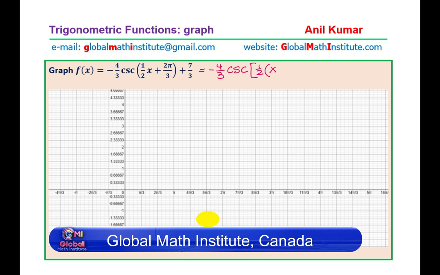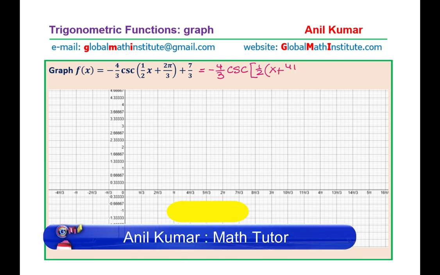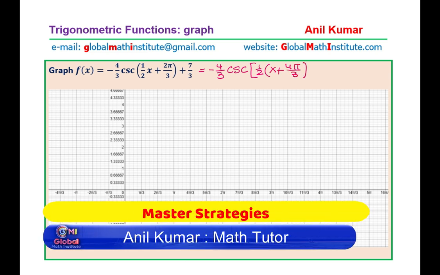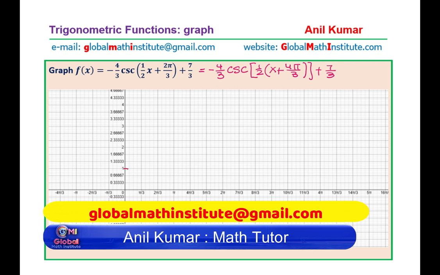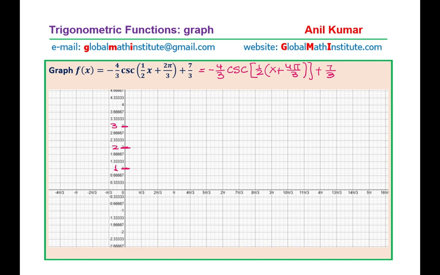We have x plus 4 pi by 3 and plus 7 by 3, right? So first step is 7 thirds. So every division is 1 third, right? So this is like 1, right? This is 2, correct? This is 3, right? You understand? And each division is divided into thirds.